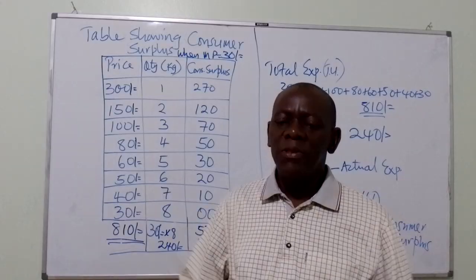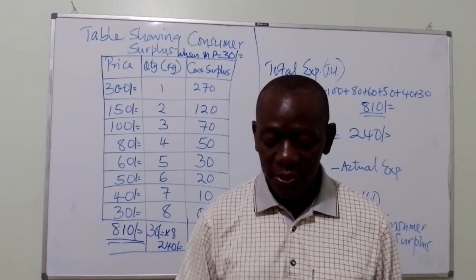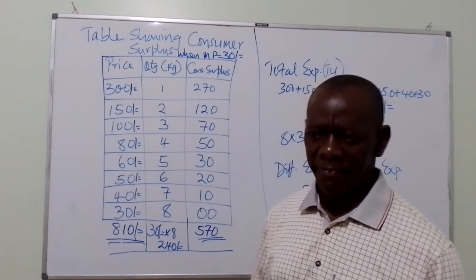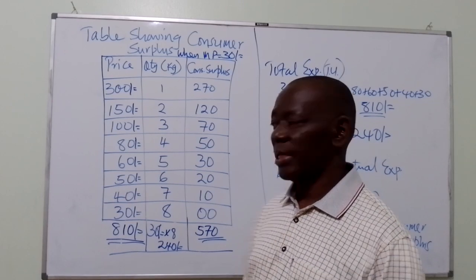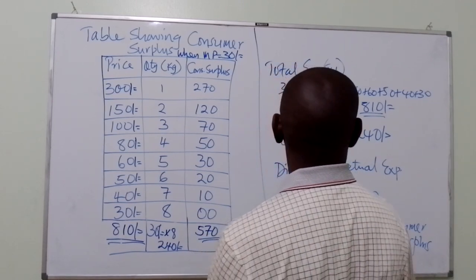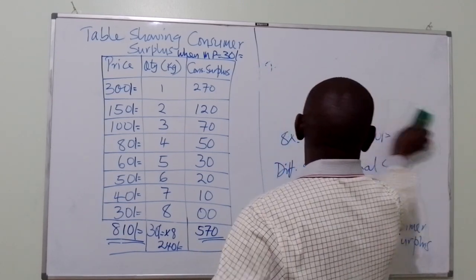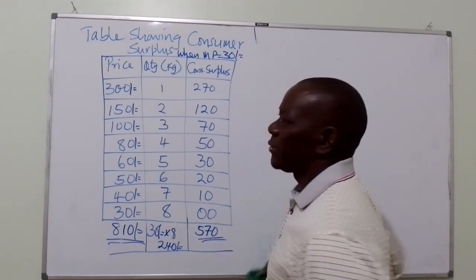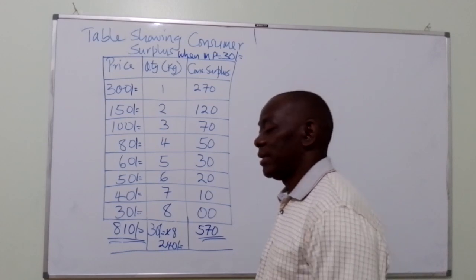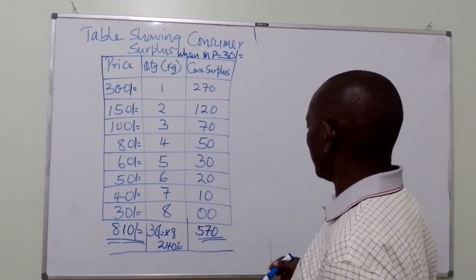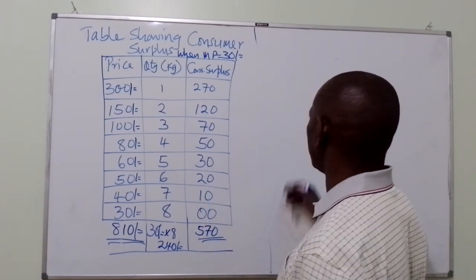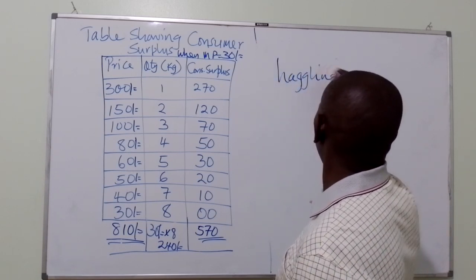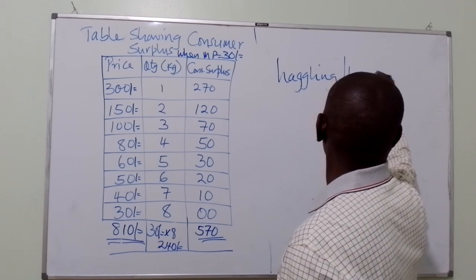Now, what happens in the market? There is what we call bargaining, but in economics we call it haggling. Haggling is the same as bargaining. We shall see it when we are looking at price determination, how we determine prices for commodities. Haggling is bargaining.